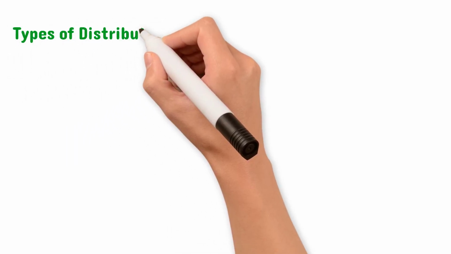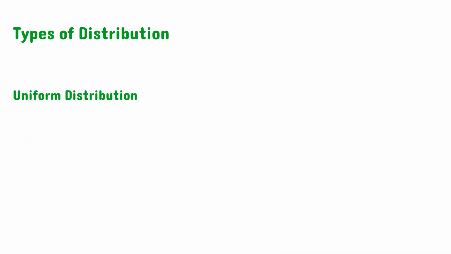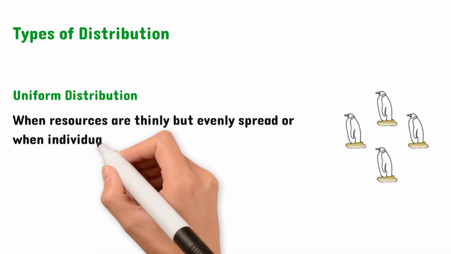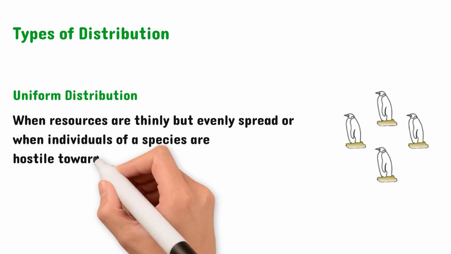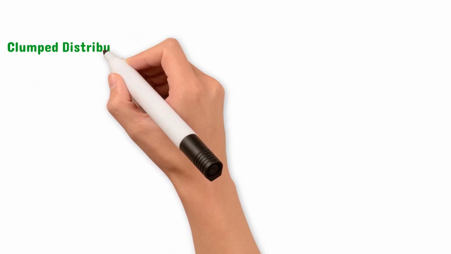Now let's look at the three main types of distribution. The first one is uniform distribution. As you can see by the image, this means that the organisms are evenly spread throughout. This happens when resources are thinly but still evenly spread, or when individuals of the same species are hostile towards each other. Moving on, we have clump distribution.